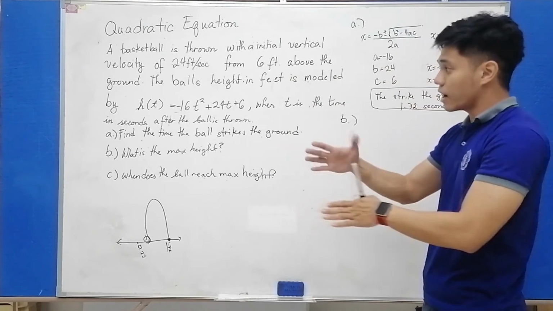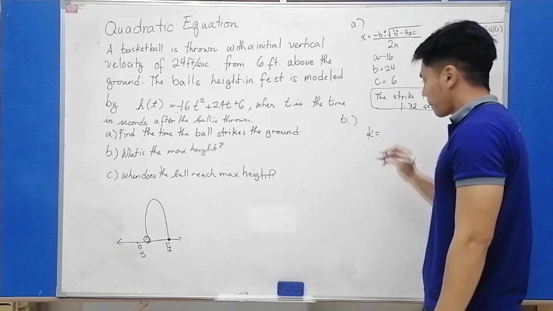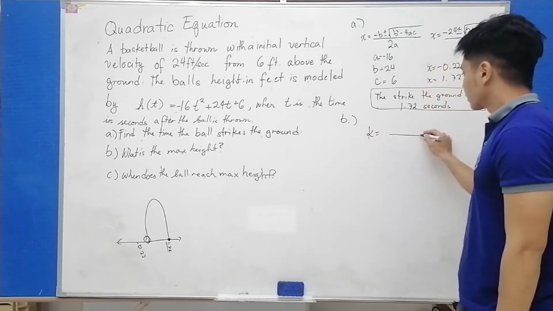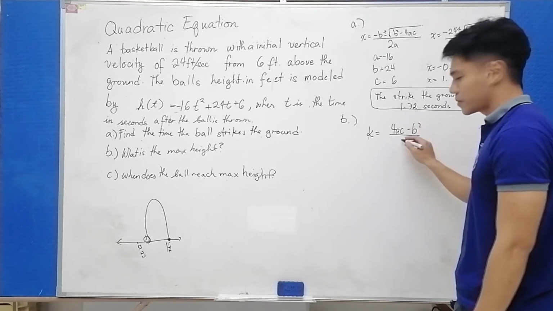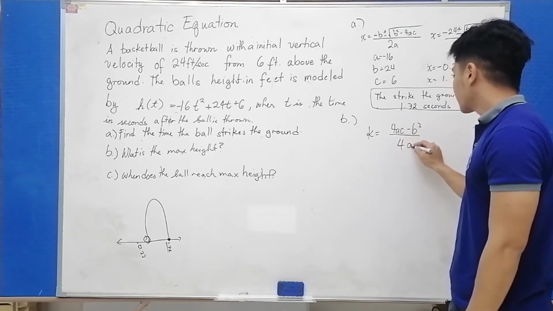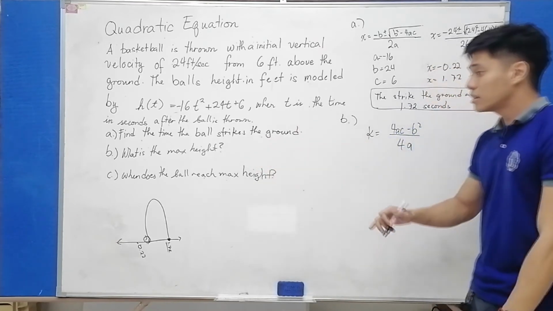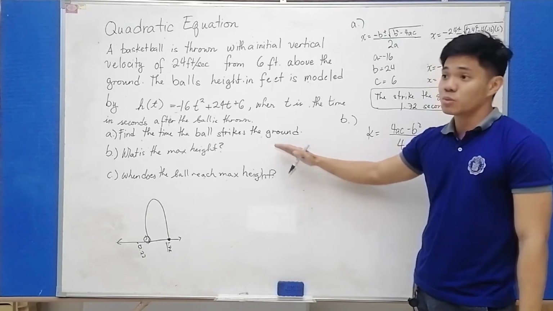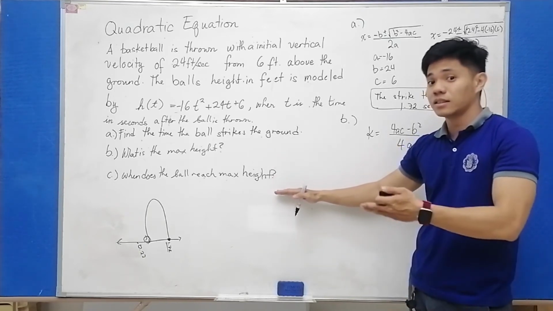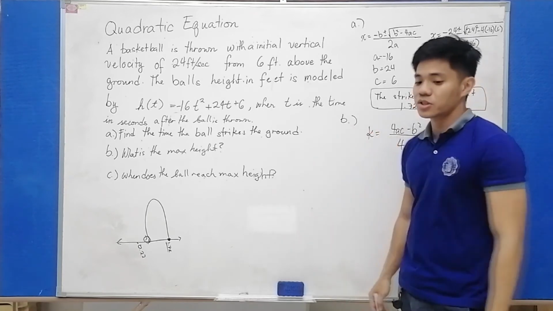If we have it in vertex form, we can use k is equal to 4ac minus b squared all over 4a. We can use this because the maximum height is the y, and the time at which it reaches that height is actually the axis of symmetry.